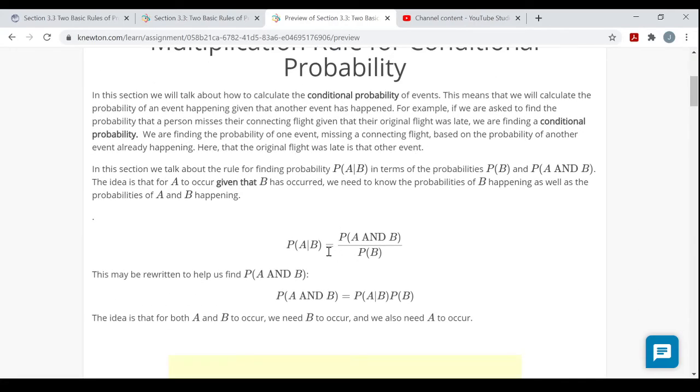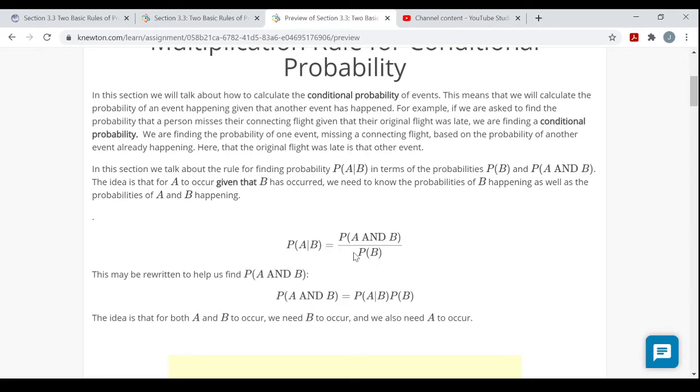And here it is. The probability of A given that B has occurred is calculated this way. The numerator is the probability that they both happen at the same time, divided by the denominator, the probability of the event after the bar, the event that has occurred.